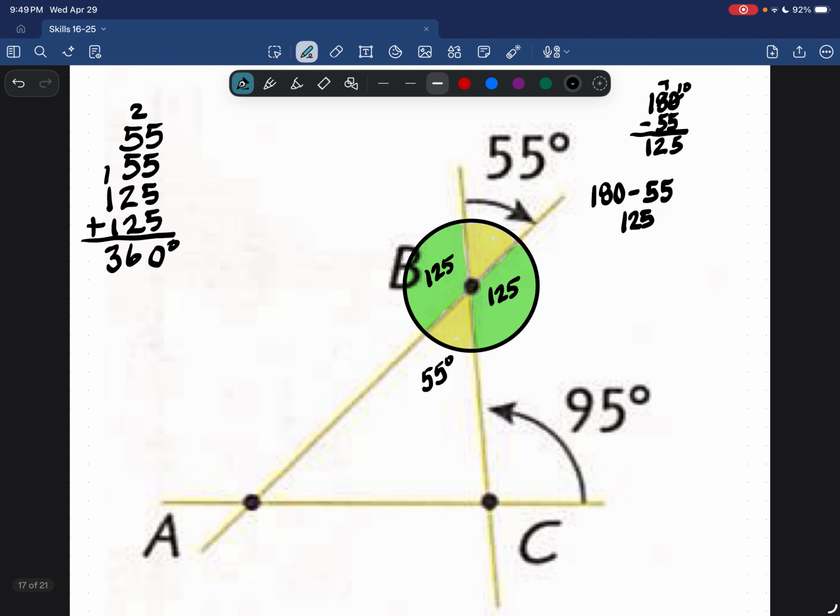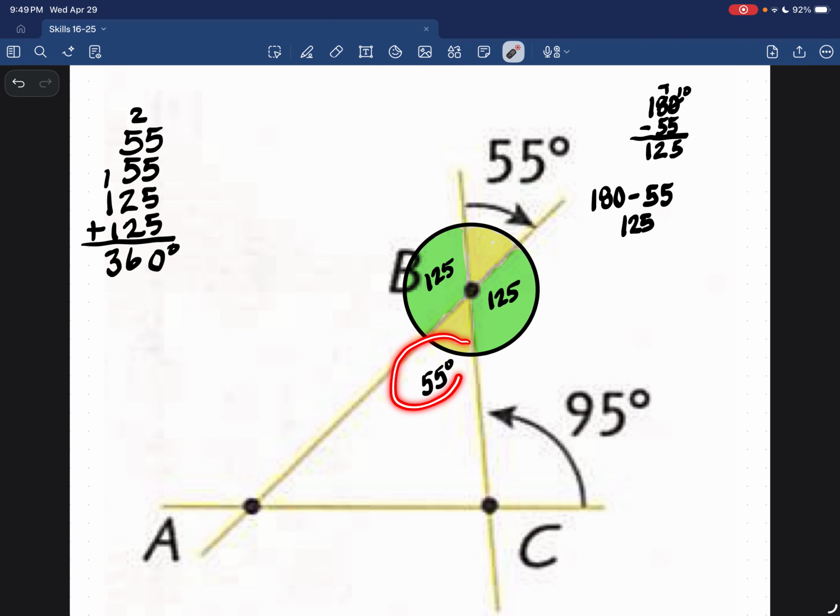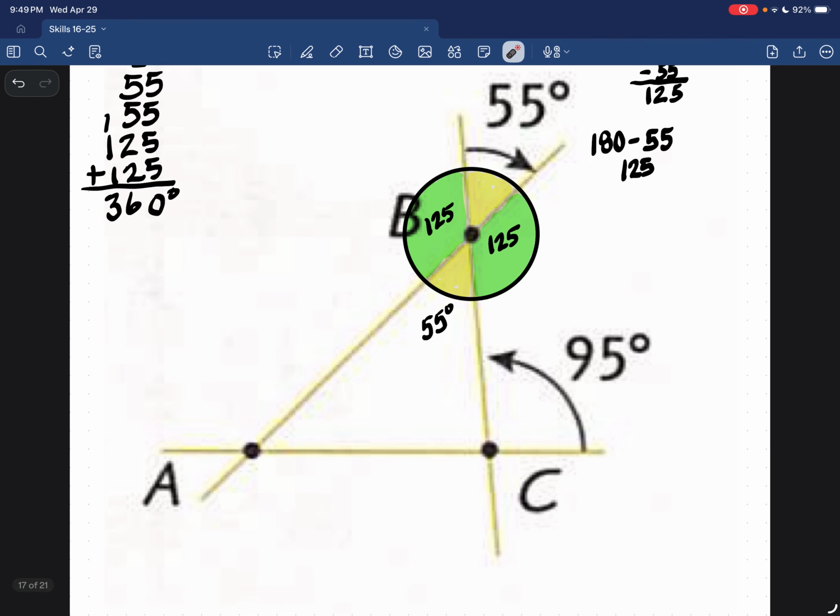Okay, here's the cool thing. Once you know those, you have this one, we need to know this one, and then we can find this one. So the next place I'm going to go is down to this 95. We can do a bow tie here.